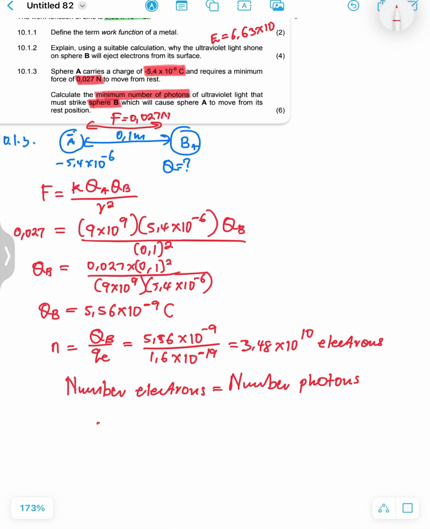Therefore, the number of photons will be the same as the number of electrons, which is 3.48 times 10 to the power of 10. That is the number of photons shone on sphere B. Okay, so that is the answer for question 10.1.3.